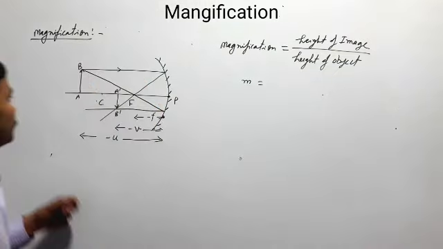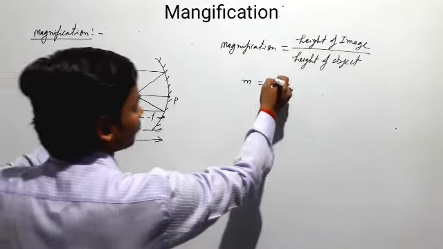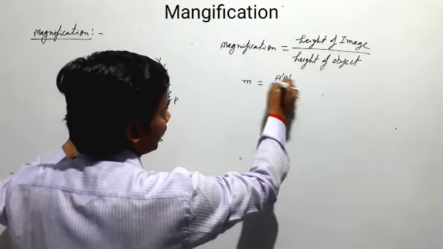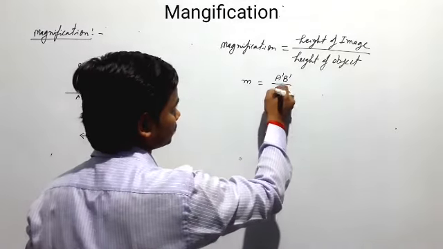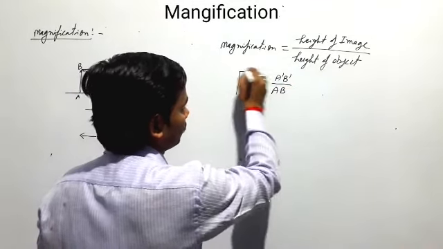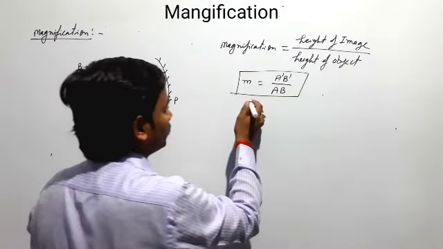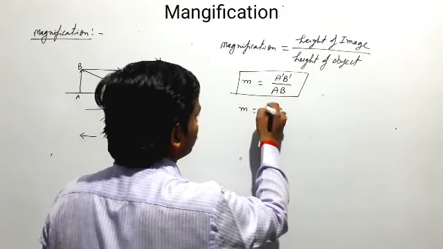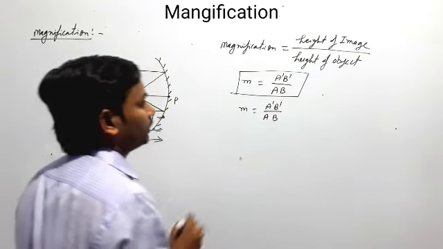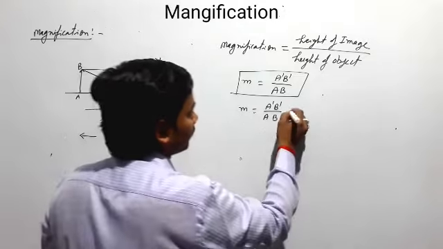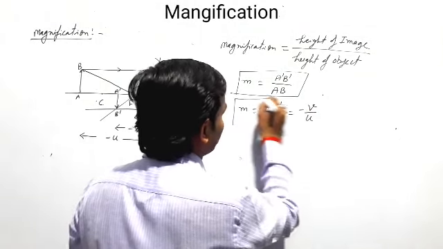So the height of the image is A'B' and the height of the object is AB. So this is the formula for magnification. Okay, now this formula is also used in the form of u and v. So this will be minus v upon u.